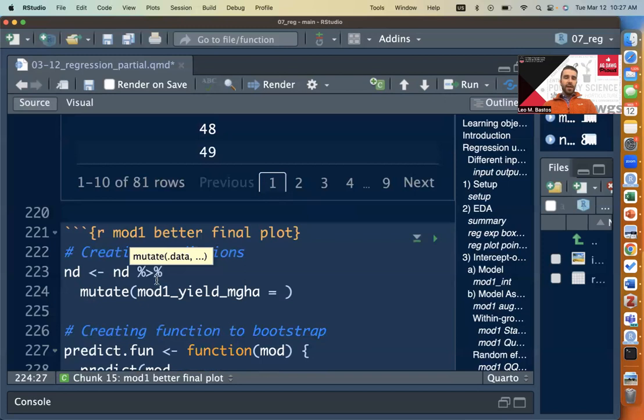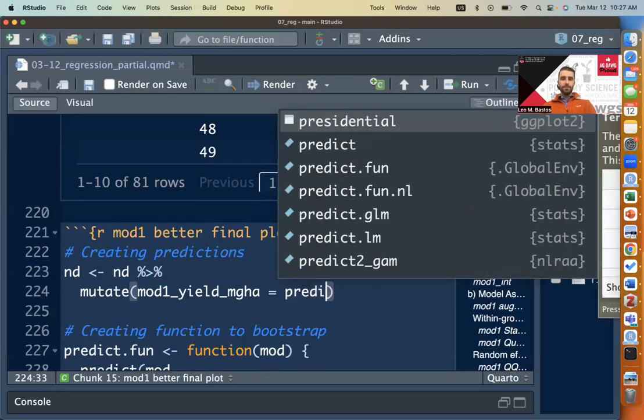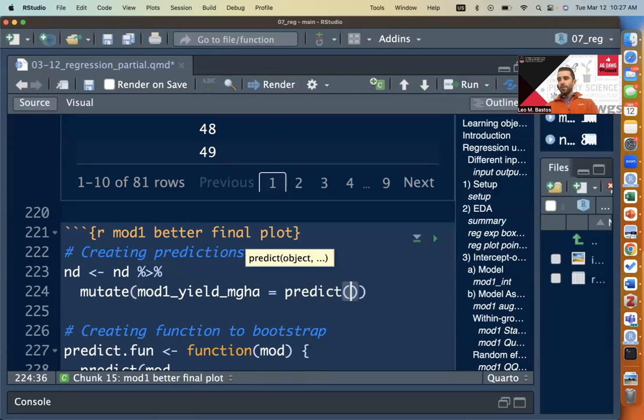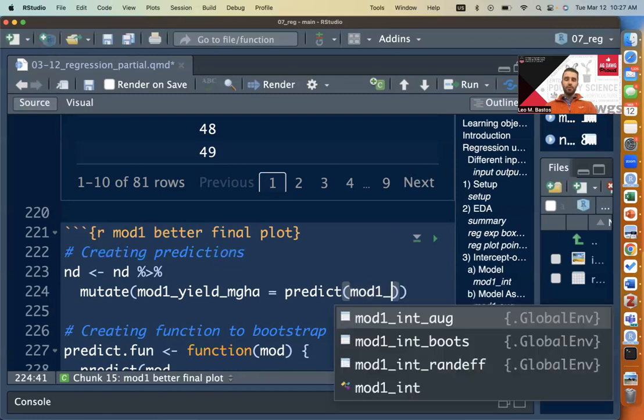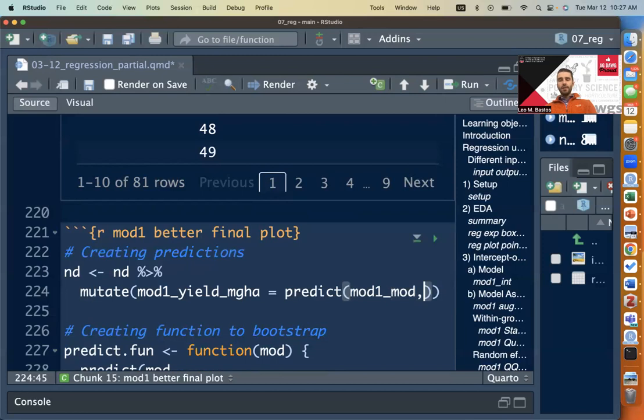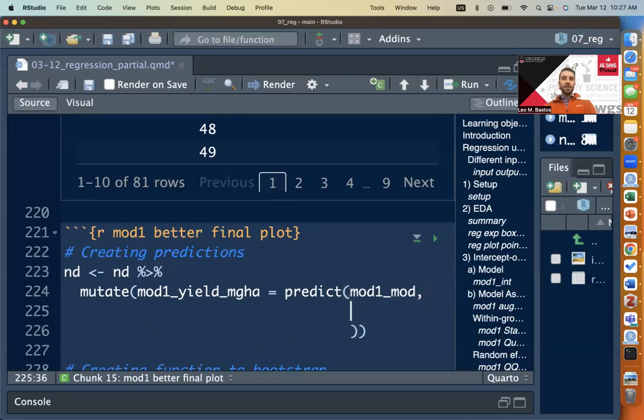We give it an equal sign. We're going to use a function called predict. The way that this function works, first we have to give it the model. So the model is called mod1_mod. The second thing we give it is the new data frame, which is called ND. And because this is a random effect model where block is treated as random, I really don't want it to give me a prediction for a given block.